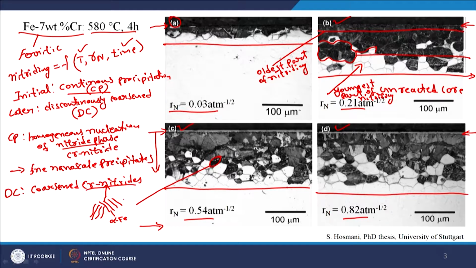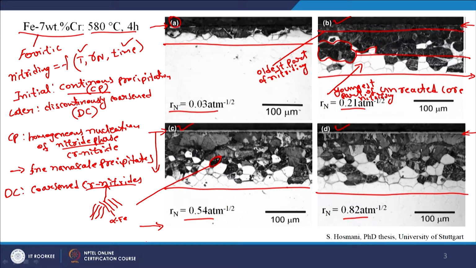Like this, alternate lamellae will be developing here. This is the way the microstructure evolves if we have, for example, a chromium alloyed sample. Now, we are already seeing that these are the coarsened chromium nitrides, right, and we will see what is the problem with this kind of discontinuous coarsening reaction in the next slides.